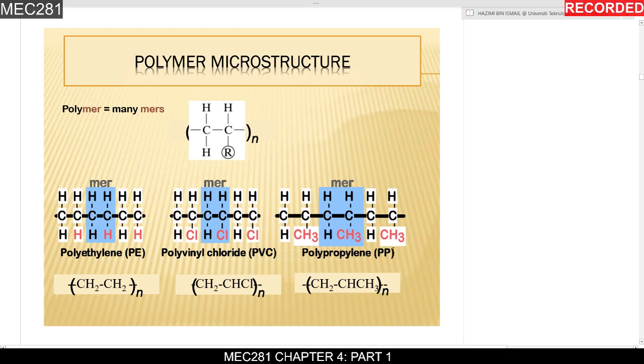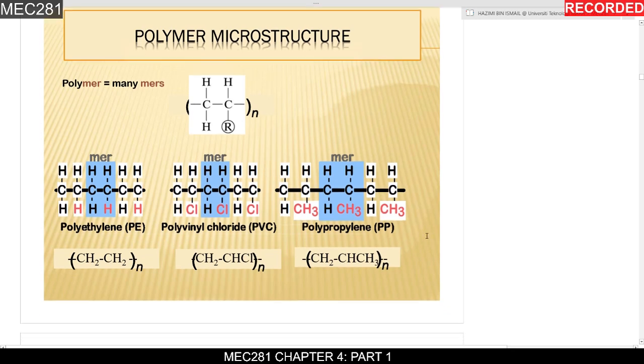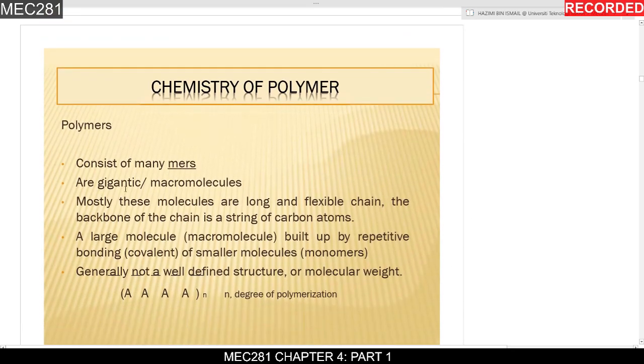And then so on. Okay, that's how you write down the chemical formula for the polymer compounds here. So this is the summary of the polymers. Consists of many mers, gigantic macromolecules. Mostly these molecules are long and flexible chains.